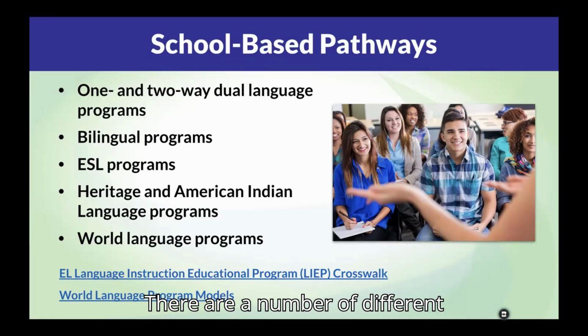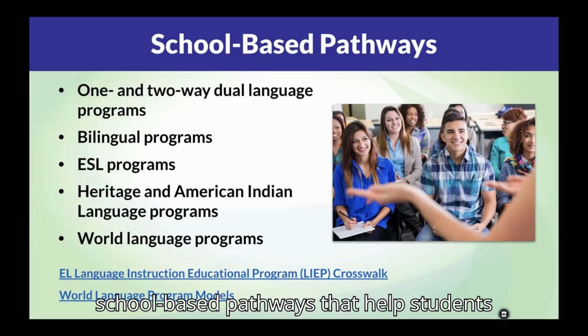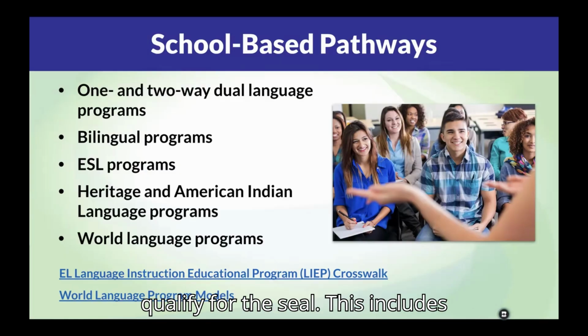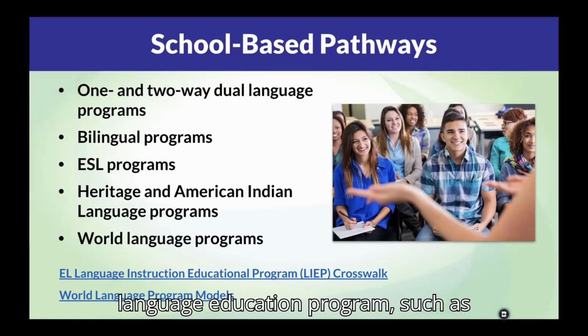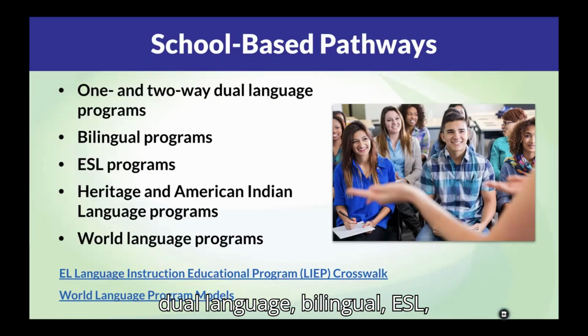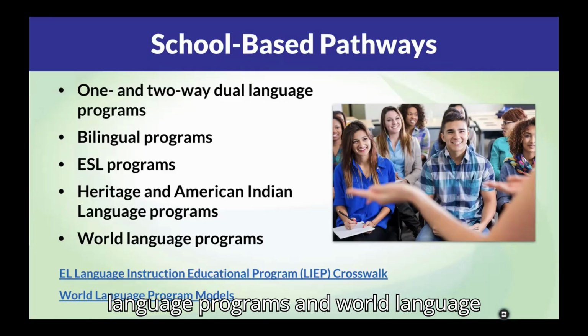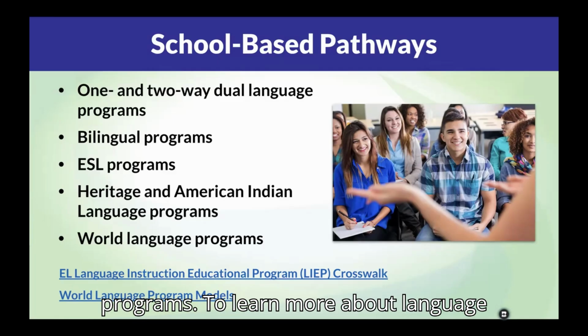There are a number of different school-based pathways that help students develop the biliteracy skills needed to qualify for the seal. This includes language education programs, such as dual language, bilingual, ESL, heritage language, and American Indian language programs, and world language programs.